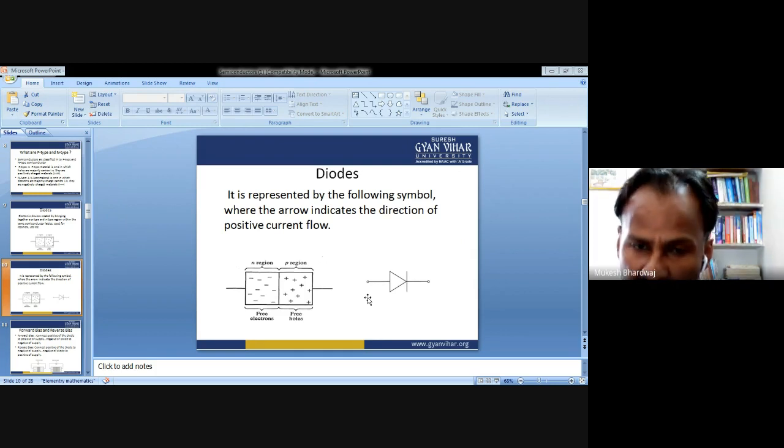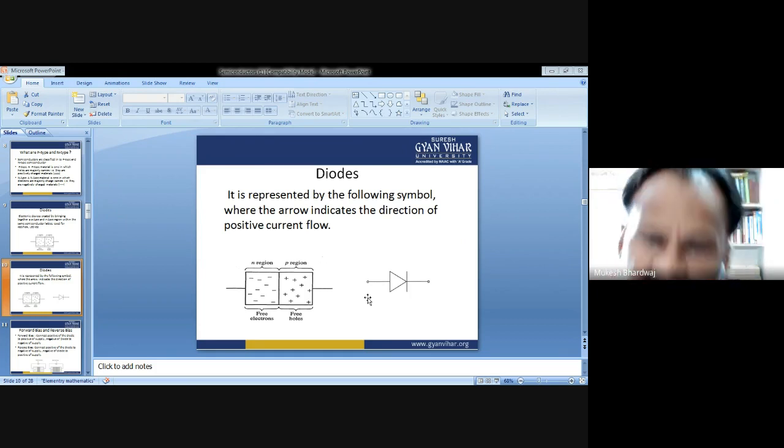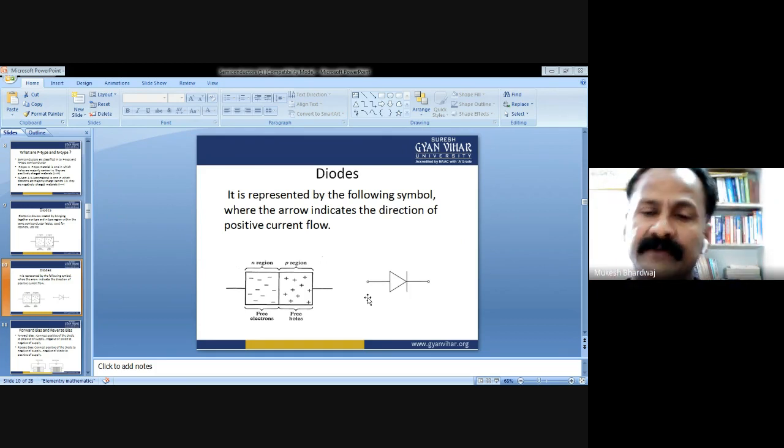The definition of a diode: a diode is a semiconductor device which behaves like a valve.